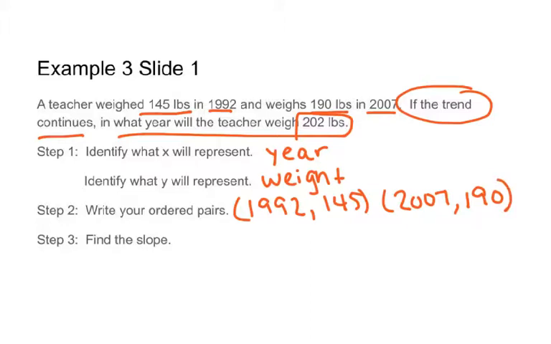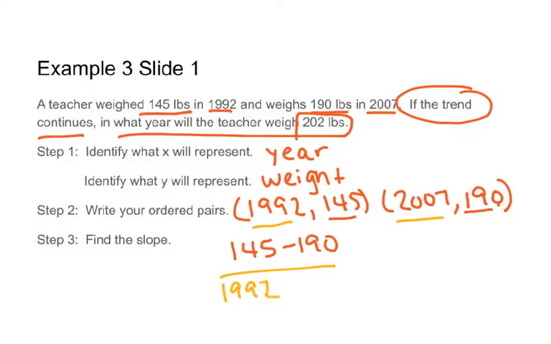So to find the slope, I'm going to subtract my y's on top. I'm going to subtract my x's on bottom. So on top, it's going to be negative 45.